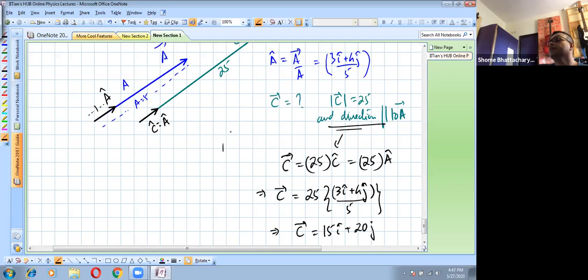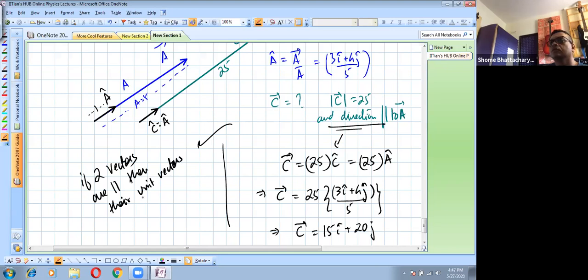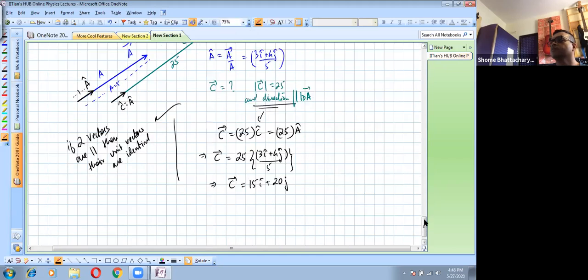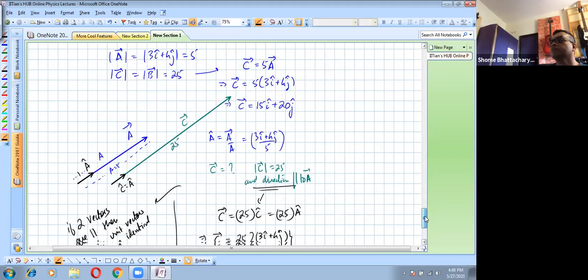So here we are again using that concept that if two vectors are parallel, then their unit vectors are same. We're making use of that concept. So that's why C cap is replaced with A cap. So I'll just minimize this for a moment so that you can understand it by this one.